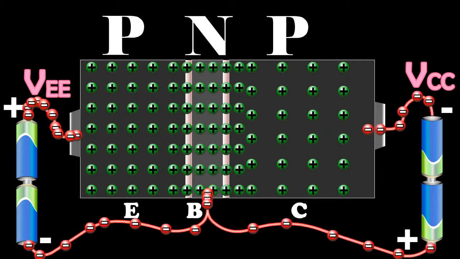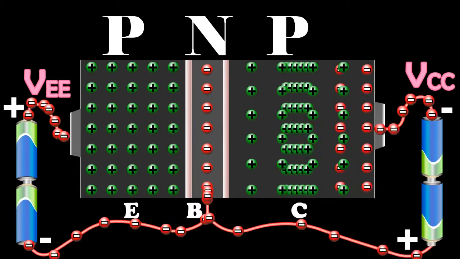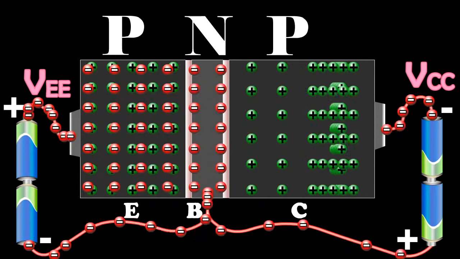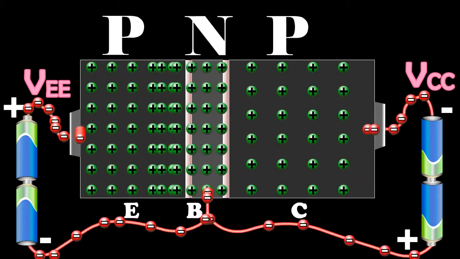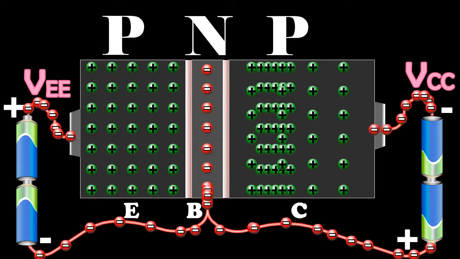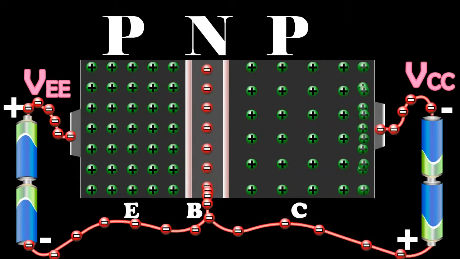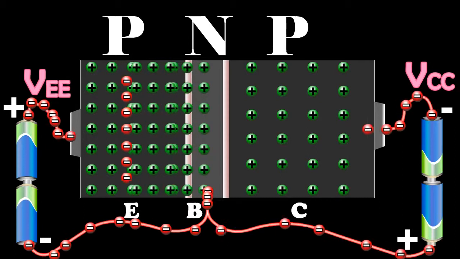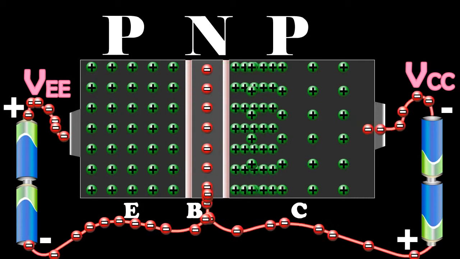The remaining holes which do not undergo the recombination process in the base reach the collector. These are neutralized by an equal number of electrons flowing from the negative terminal of the battery VCC into the collector. At the same time, an equal number of electrons flow from the negative terminal of VEE and reach the positive terminal of VCC.